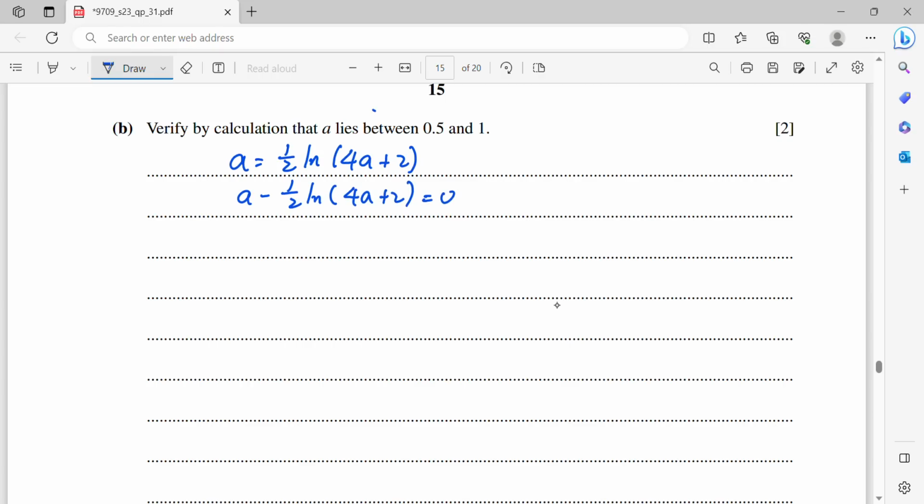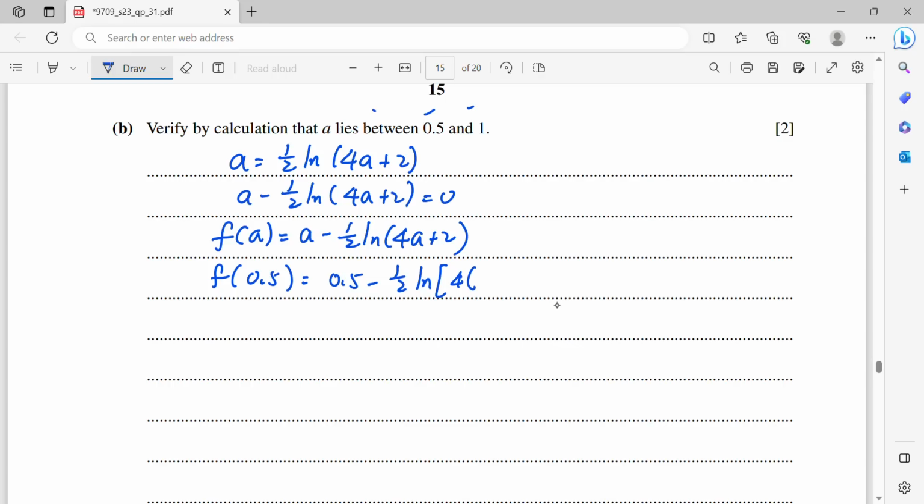As long as the right side is 0, the left hand side will be the f(a). So my f(a) is a minus half ln 4a plus 2. Then replace the a by these two values. Firstly, your a is 0.5, so I'll get 0.5 minus half ln 4 bracket 0.5 plus 2. Okay, and then this value is negative 0.193, which is less than 0.